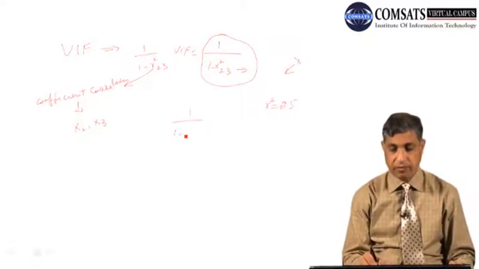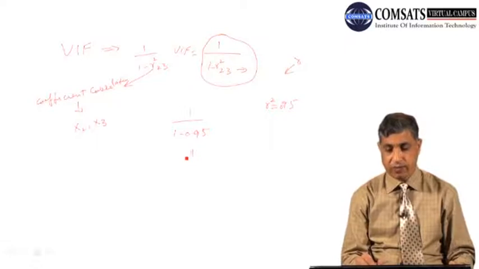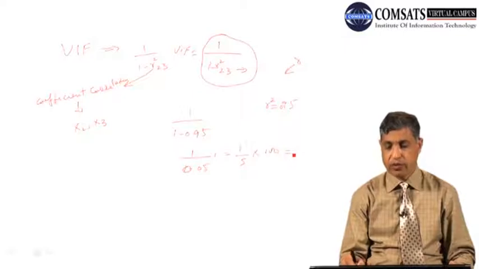So this will become 1 over 1 minus 0.95. This will become 1 over 0.05. And if I solve this, it will become 1 over 5 multiplied by 100. So it will become 20.